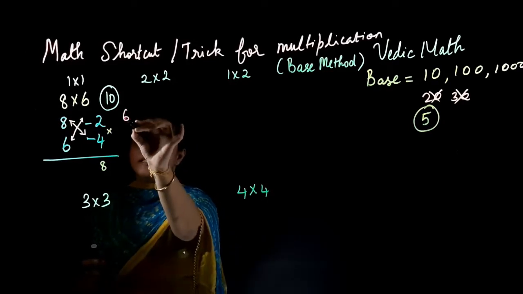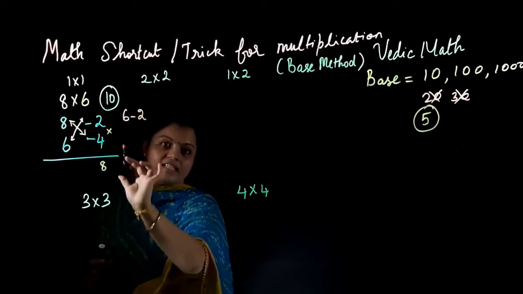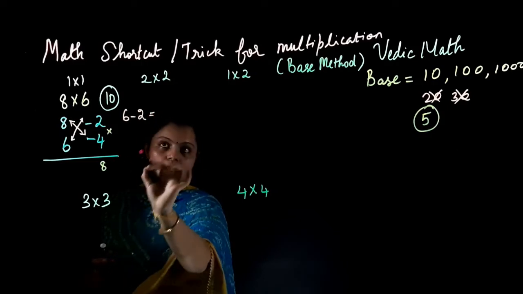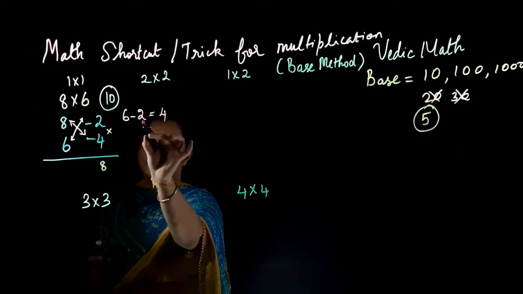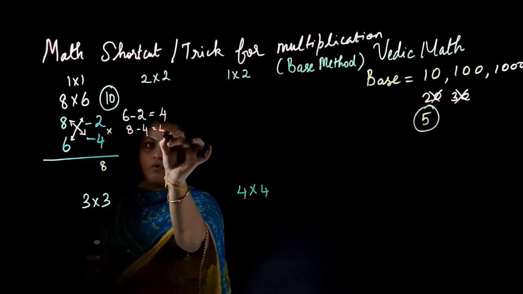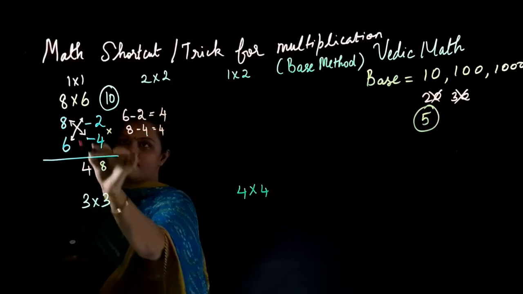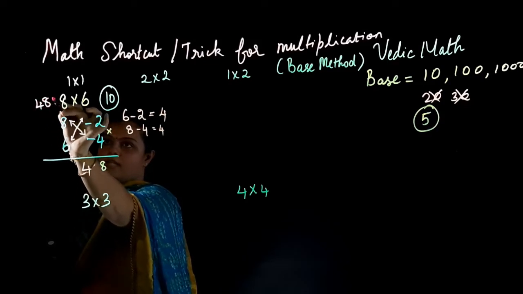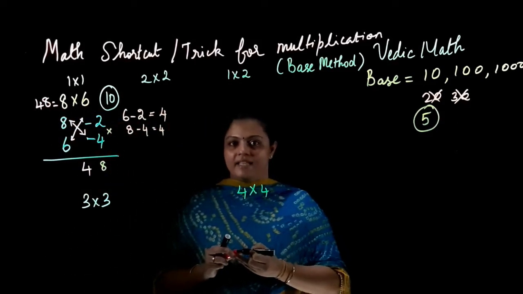So here 6 minus 2, either case it will be the same, and that is the clue for us to find the right answer. 6 minus 2 is 4 and 8 minus 4 is also 4. So now what is 6 eights? 48. As simple as that.